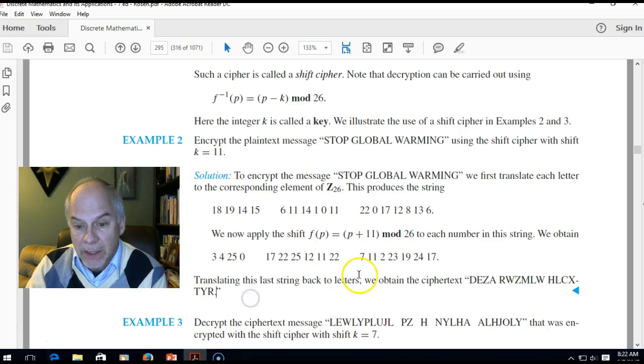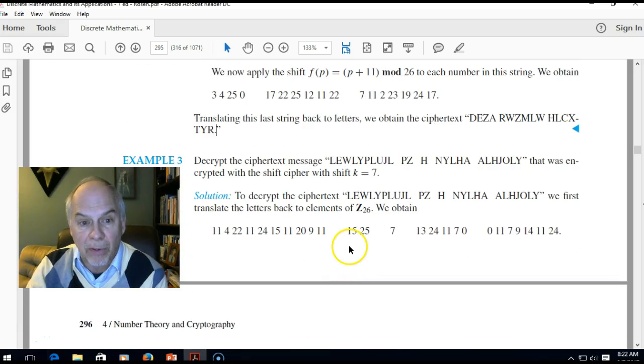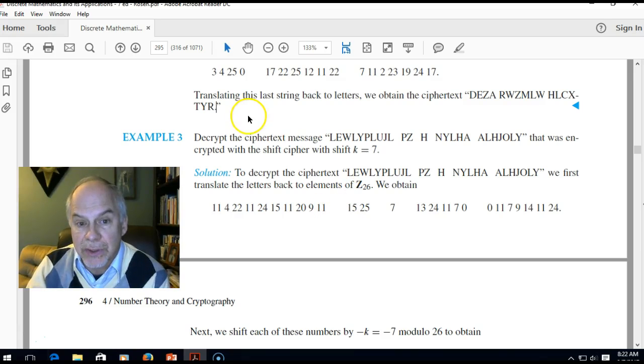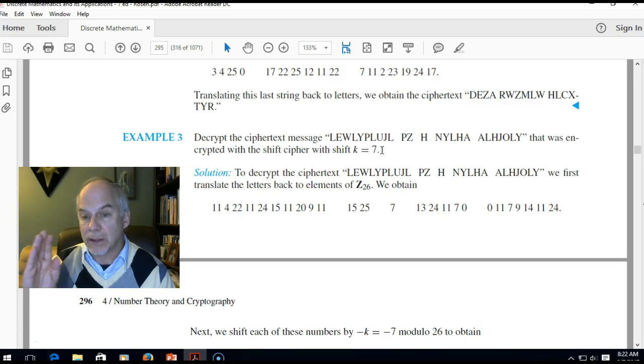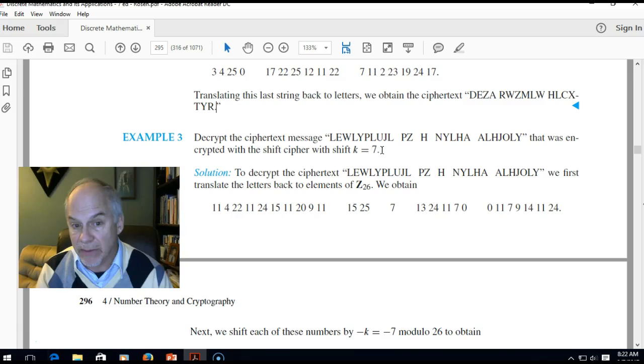All right. And then example 3 shows decrypting the message when it was encrypted with a cipher using k equals 7. So this time, if it was encrypted with k equals 7, that means adding 7. Well, decrypting it, we would subtract 7.